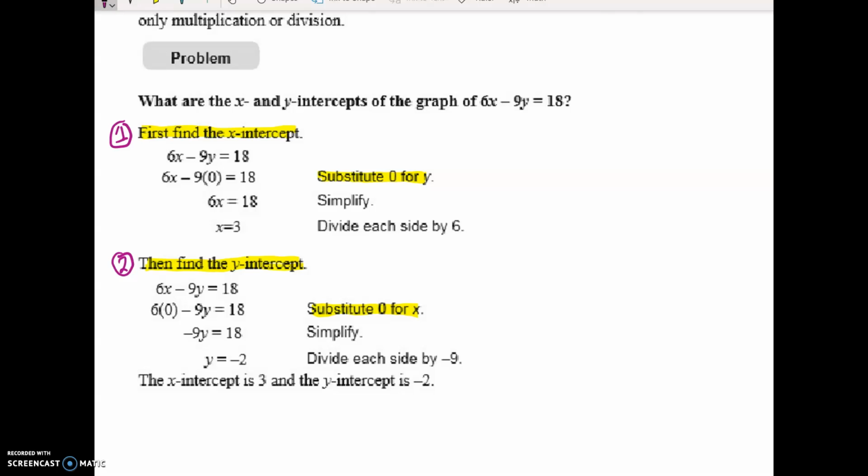So this tells us that the x-intercept is going to be 3, and the y-intercept is going to be -2. So that is where the graph of this equation would cross the x-axis and the y-axis. It's also a really quick way to graph an equation.